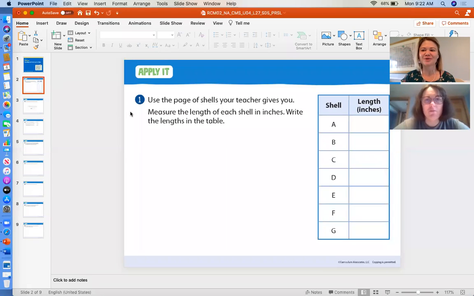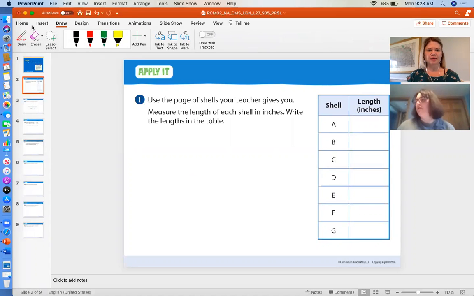All right, so number 1 says, use the page of shells your teacher gives you. Measure the length of each shell in inches. Write the lengths in the table. So we're just going to go ahead and give you the lengths of each shell, okay? A is 3 inches. B is 2 inches.